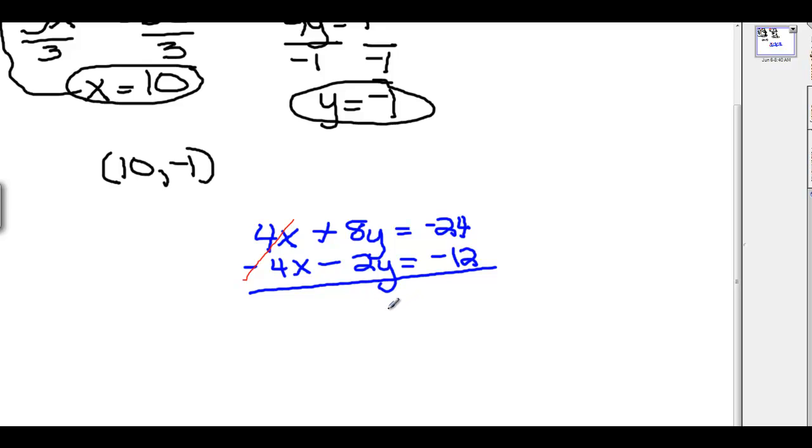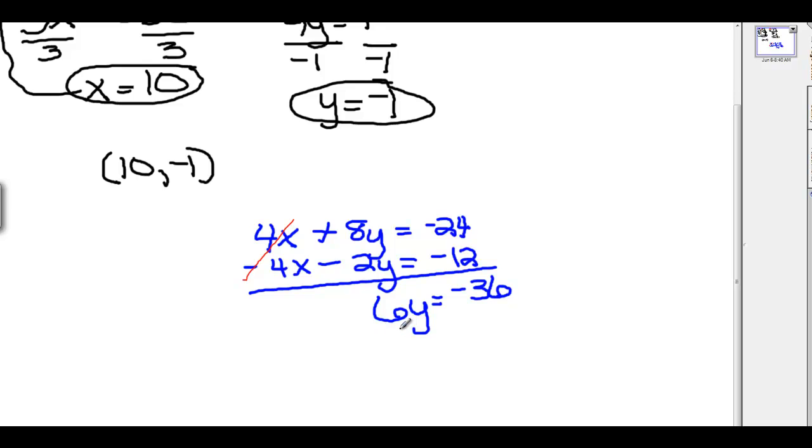I can go on and add the 8y and the -2y, which will leave me 6y equals a -24 and a -12. The signs are the same, so I keep the sign and add the numbers, and I get -36. Then I need to get the y by itself.